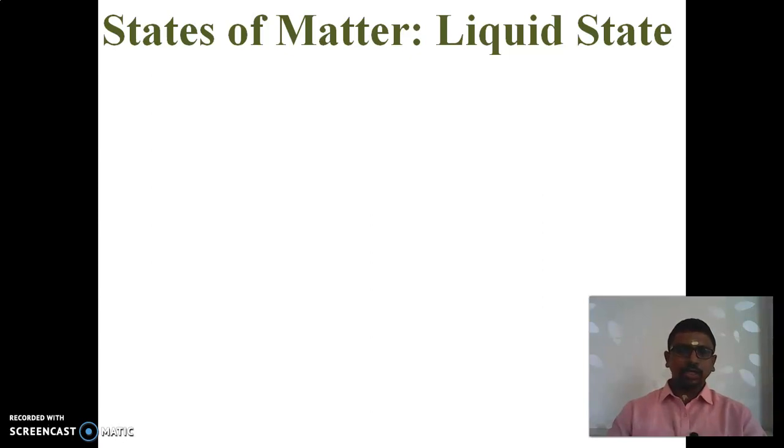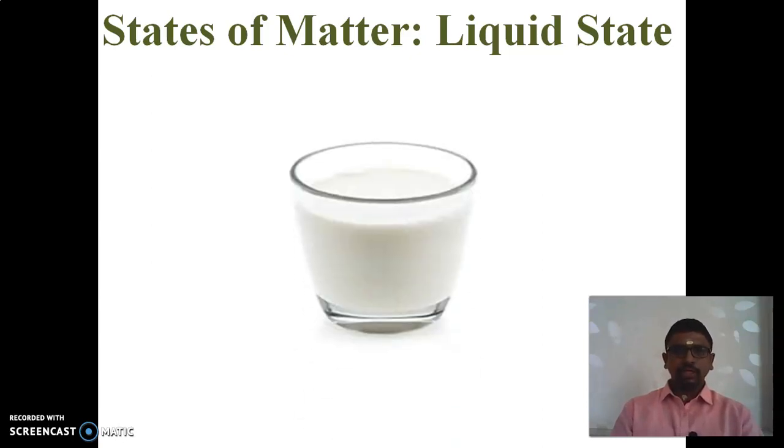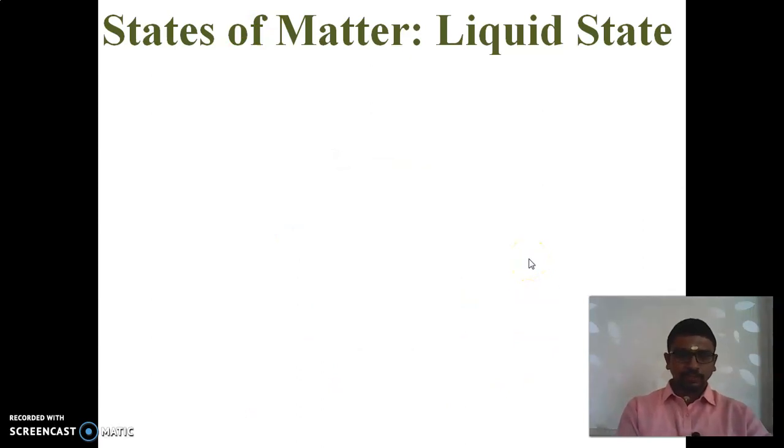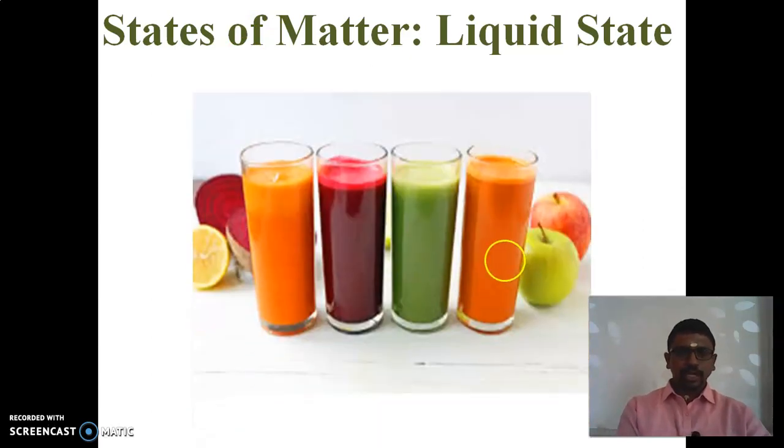Before going to the liquid state, let me give some examples of liquids. What are the examples of liquids? Milk, this milk is in the liquid state, and fruit juices, and soft drinks, and coffee or tea, and vegetable oil, and water.